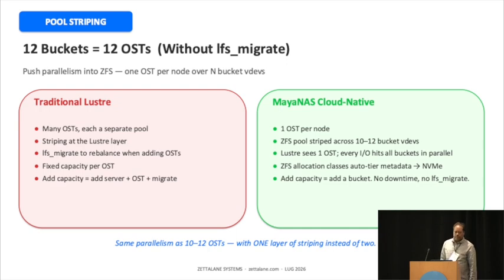So with the zpool VDEV, it is doing the striping, and the NVMe special VDEV does the allocation for small IOs. So if you want to add capacity, just add a bucket, and the zpool capacity increases.